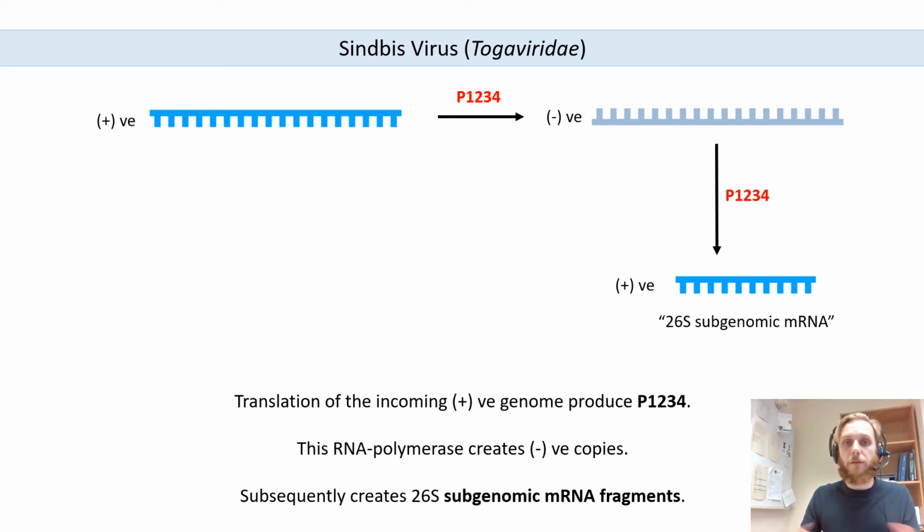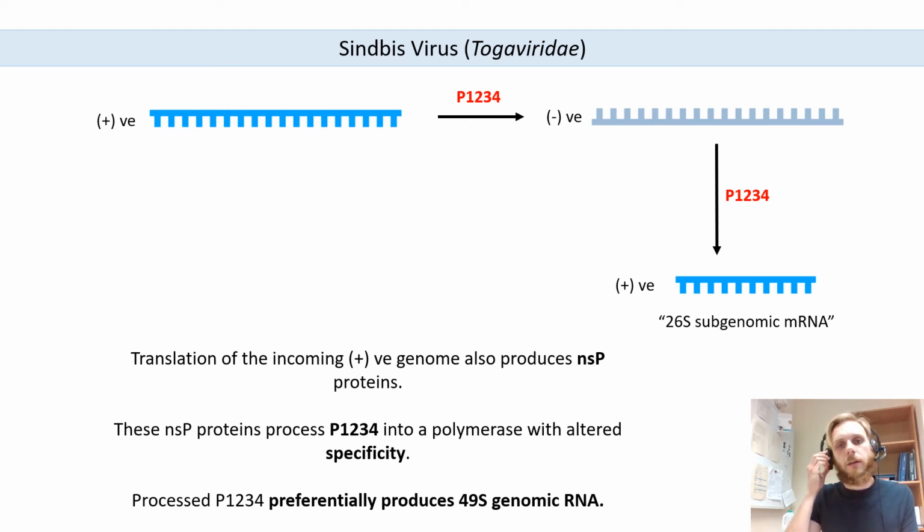P1234 is therefore made. It's the protein that's made. And P1234 can then act as an RNA-dependent RNA polymerase and mediate the production of more and more 26S subgenomic mRNA fragments by the mechanism we're looking at in this slide.